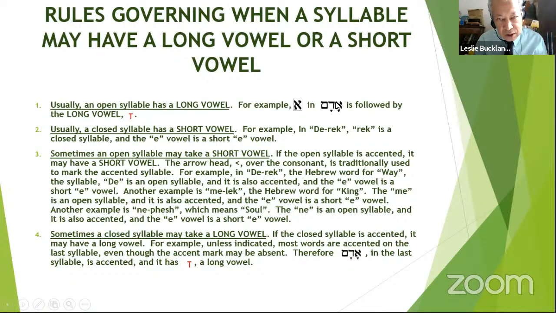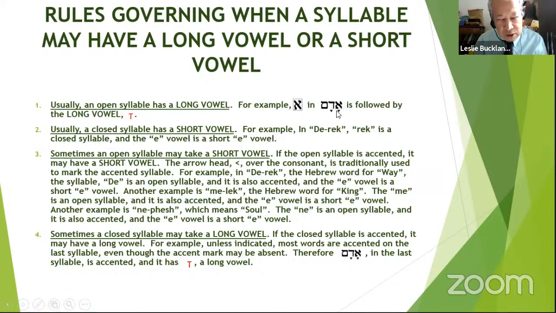This is a consonant, aleph, as well as the other letters in the Hebrew alphabet are all consonants. And these different shapes are vowels. And so you have a consonant followed by a vowel. And that is an open syllable, CV, consonant vowel.